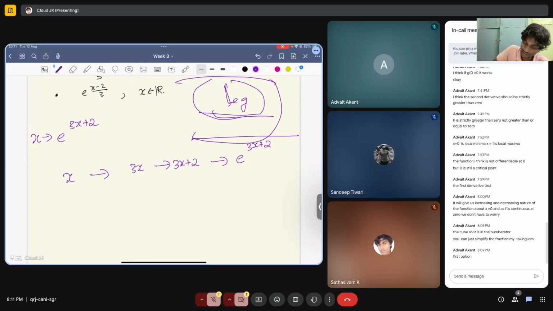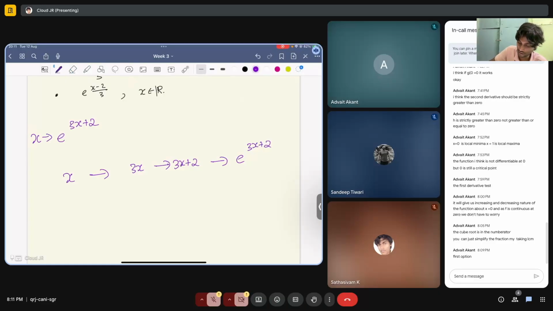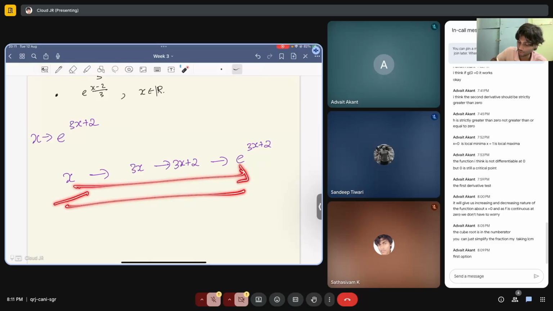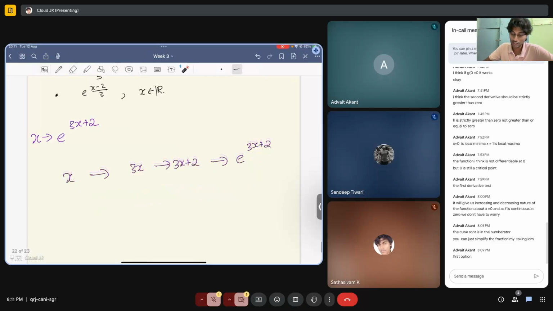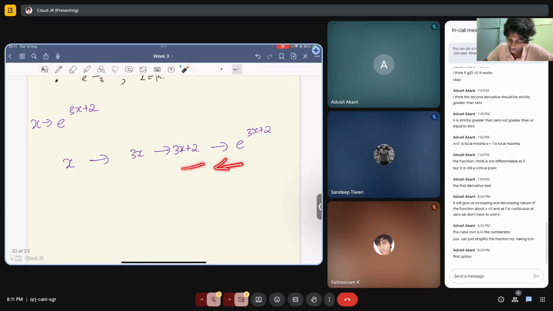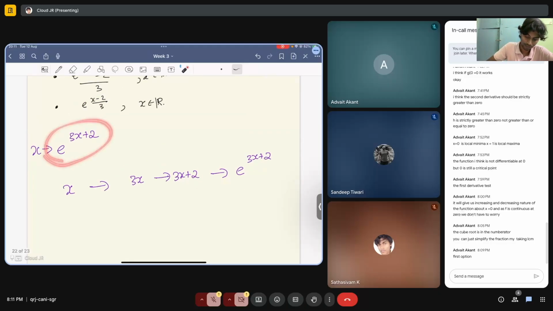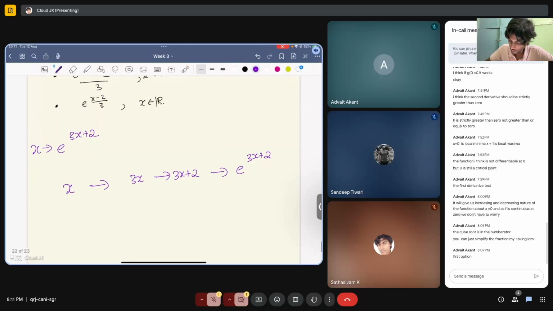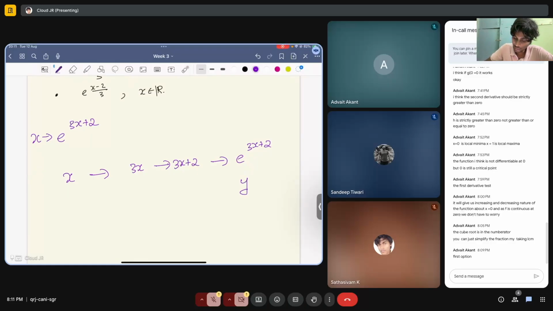This comes up everywhere. It's a standard idea that when you compose like this and you want to take the inverse, you go in the reverse direction. Every step you take the inverse, and that will be the inverse of this function. So here we have y. What is the inverse of this function?